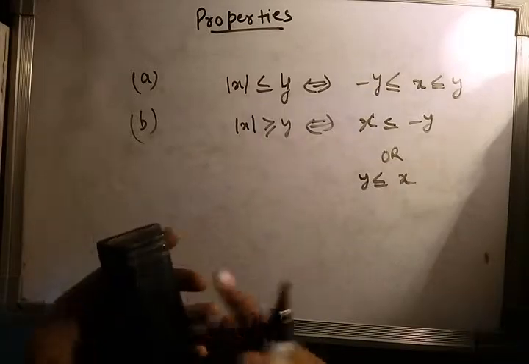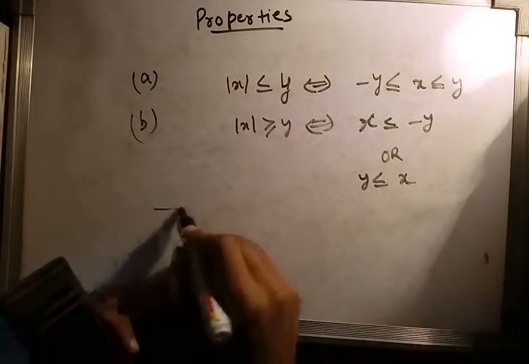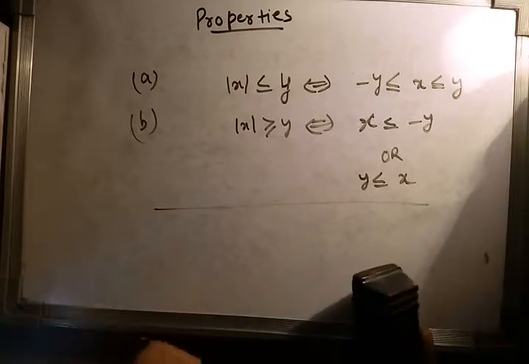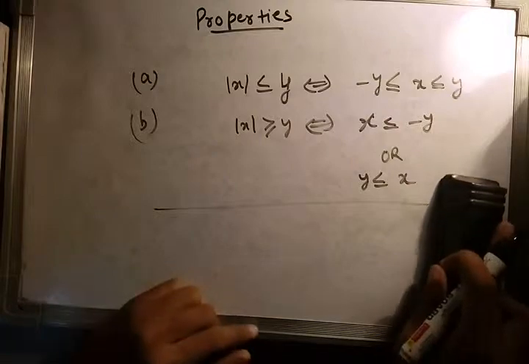So it's also an observed property, and it is very useful in exams. You should keep it in mind, or you should just write it out yourself and you will find this property.